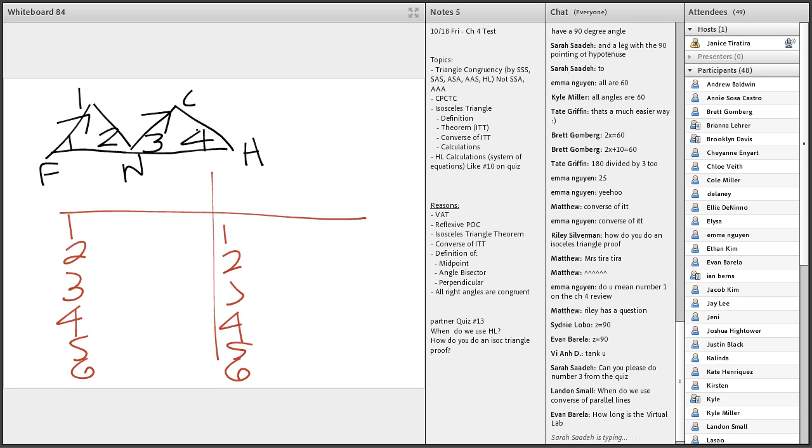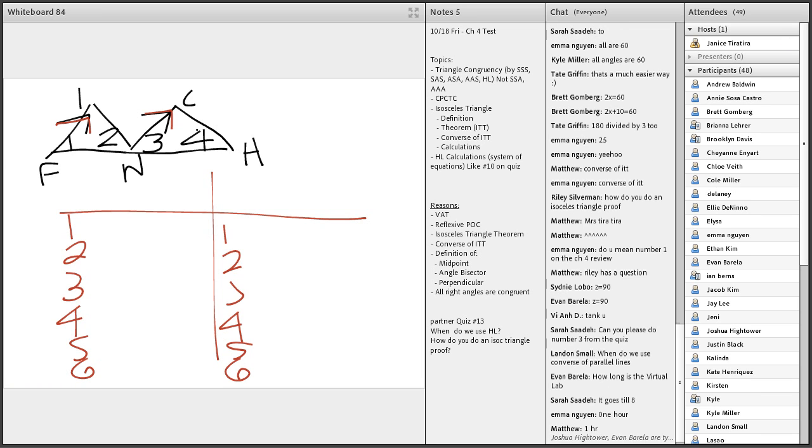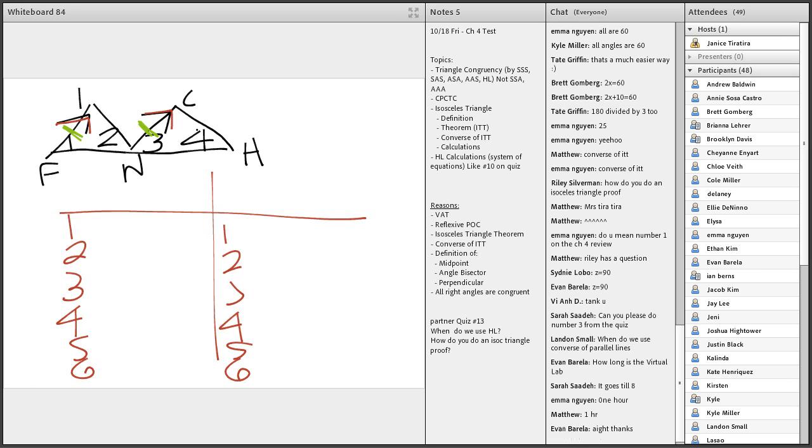And what was given? FI is parallel to NC. So that's already marked. And then another thing that was given was segment FI is congruent to segment NC. So I'm going to just write that one down really quick. FI congruent to NC.